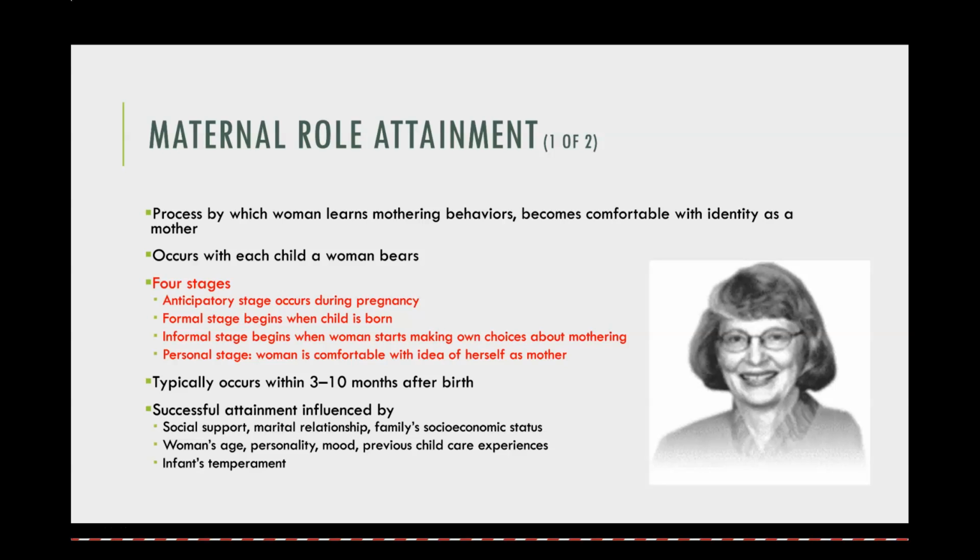It occurs every time that a mom bears a new child. And there are 4 stages. So Ramona says that the anticipatory stage occurs during pregnancy. And during this stage, moms look to other people to be role models for their mothering behavior.